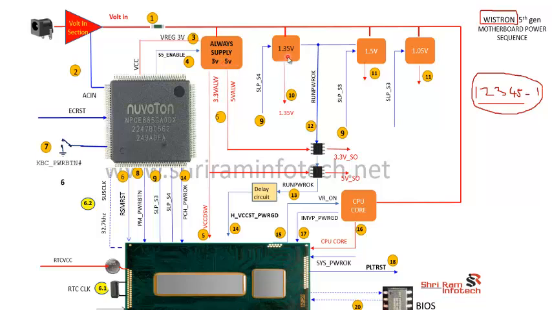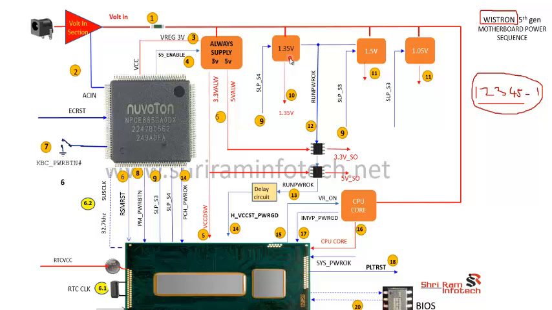Then this is the 1.35 volt for the RAM. If it is DDR3L, then it's 1.35, and if it's DDR4, then 1.2. This particular section generates two voltages, one called VDDQ and another called VTT. The RAM basically requires 3 voltages: VDD, VTT and SPD.